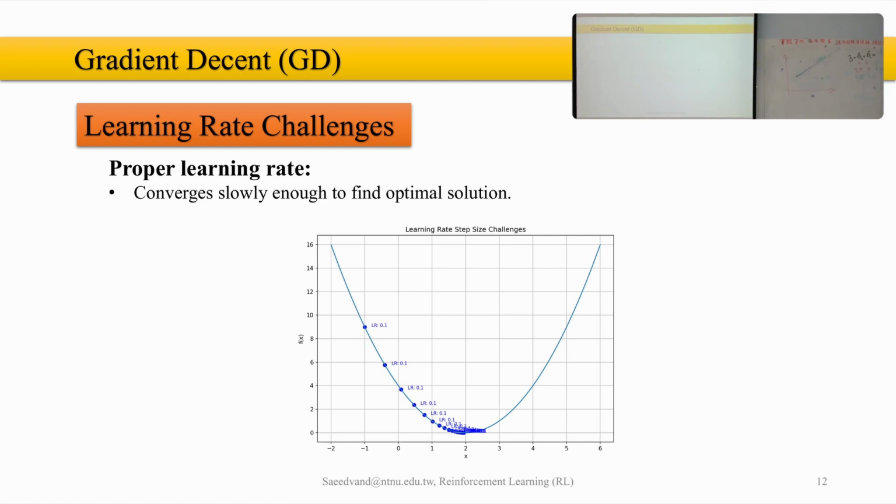So here we have a note about the learning rate challenge. We say we need a proper learning rate, to converge slowly enough and find the optimal solution. As I told you, we have automatic approaches. One of the best approaches is, at the beginning, to set the learning rate high, so my algorithm can go with big steps, and gradually over time decrease the step size.